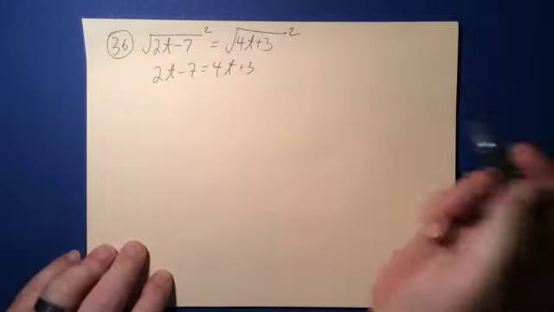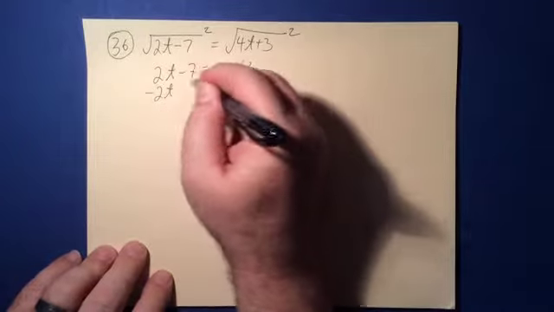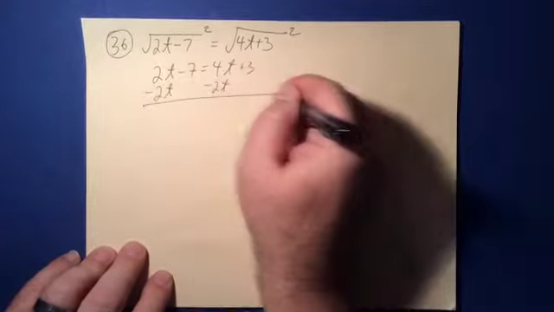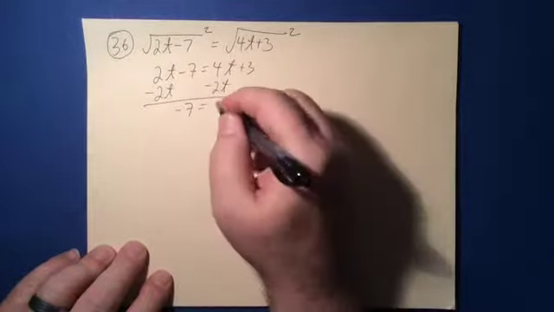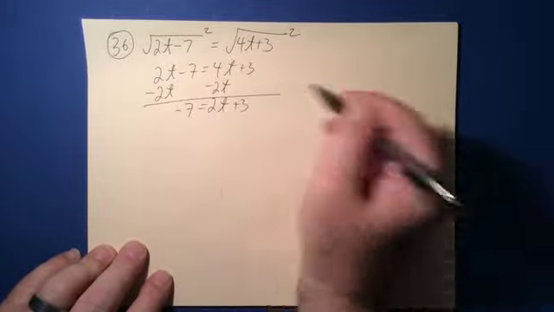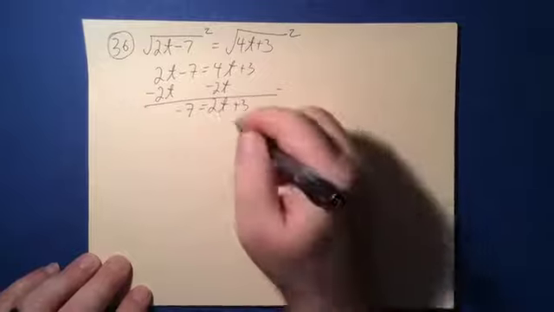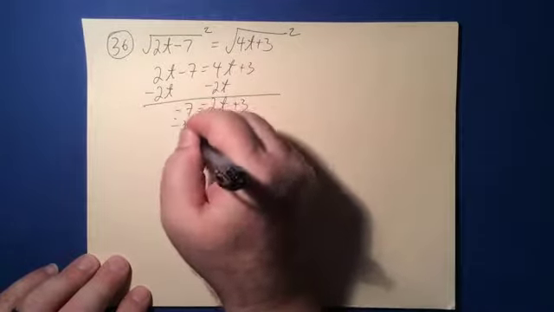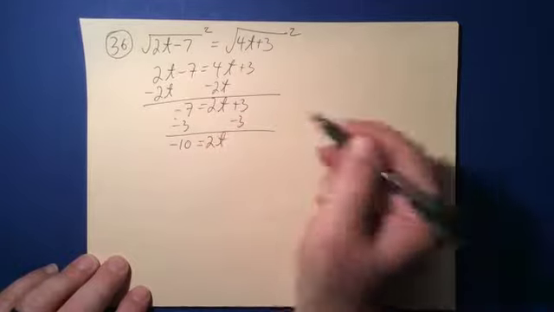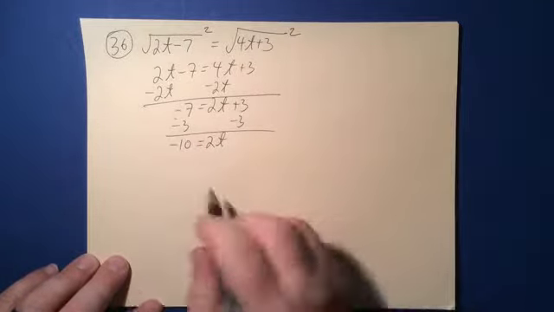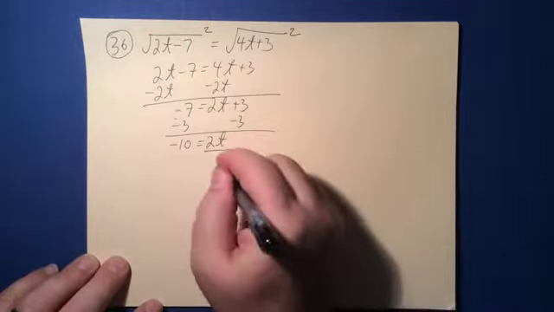At this point, it just comes down to the rules for solving equations. If I subtract 2t from both sides, this will give me negative 7 equals 2t plus 3. Subtract 3 from both sides, and this gives me negative 10 equals 2t. Then I divide by 2.